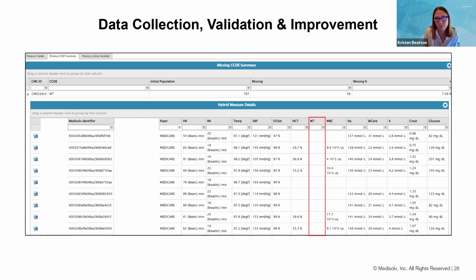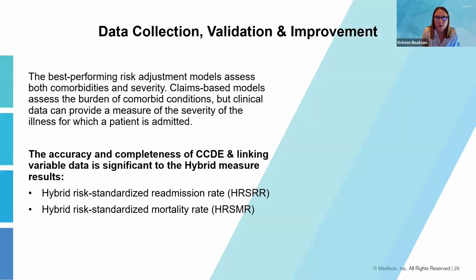Next slide. So before I turn it over to Diane, I just wanted to mention that the reason you're doing all of this is because, as CMS has said, the best performing risk adjustment models assess the severity and the comorbidities of the patient.